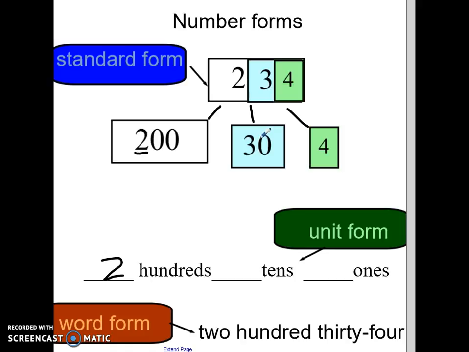Next, I look at my tens. Here I have 3 tens, so I'm going to write a 3 on the line. And then last, I look at my ones, and I have 4 ones, so I'm going to write 4 on the line. This is what we would call unit form.